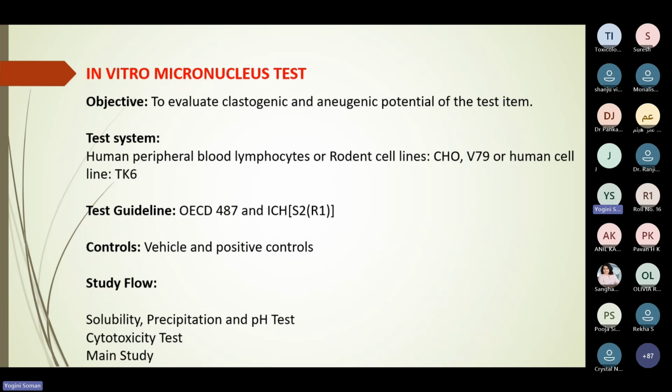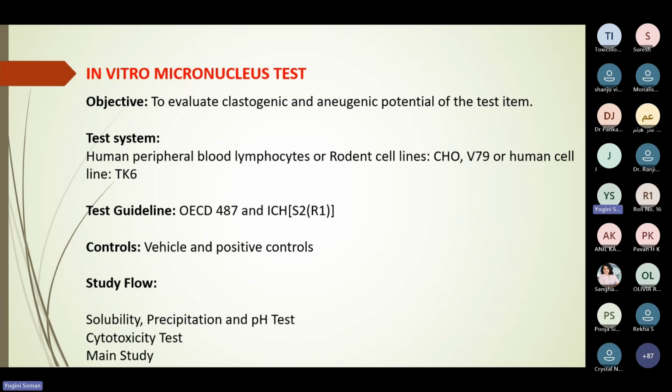If there is a slight precipitation or no precipitation, you can include that dose for further analysis. For example, if there is a heavy precipitation at 2000 microgram per plate, and a slight precipitation at 1000 at 0 hour and after 3 hours of incubation, and no precipitation from 500 to 125, then for the study you can include 1000 microgram per ml as the highest test concentration to conduct the study.